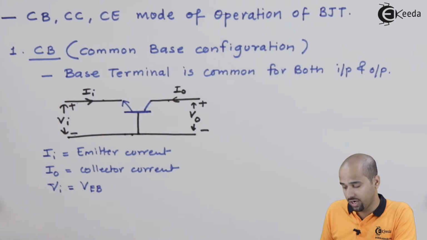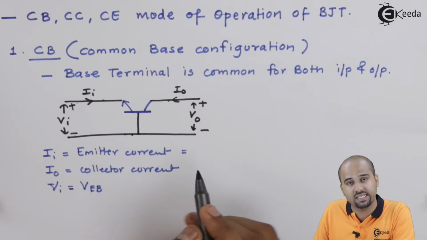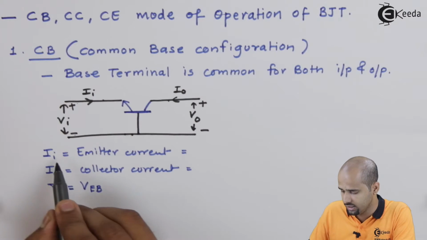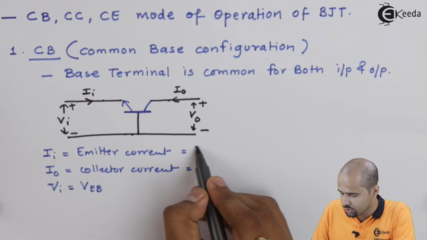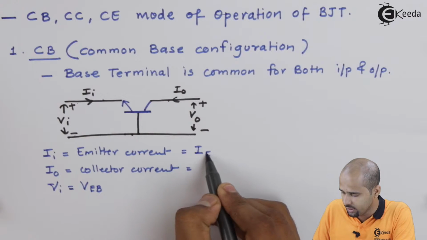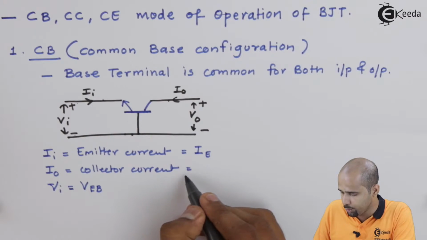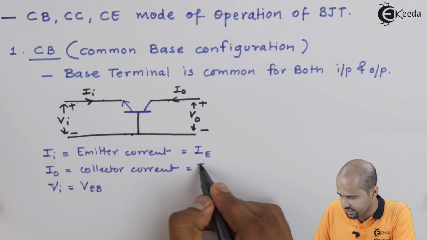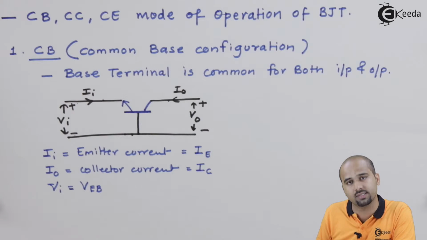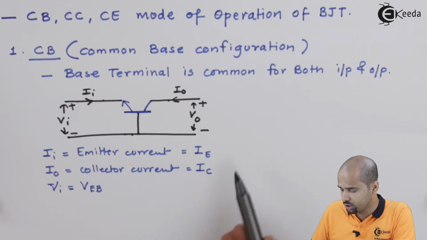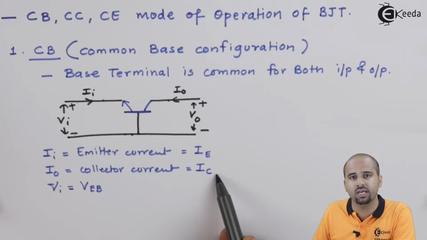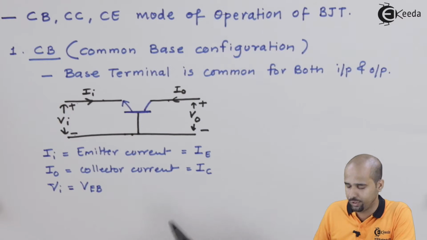For Ii and Io as well, we will give other names. As far as DC characteristics are concerned, Ii is the emitter current, so it is represented by capital IE, and Io is the collector current, represented by capital IC. We will learn the relationship between IC and IE in the second agenda of this video.